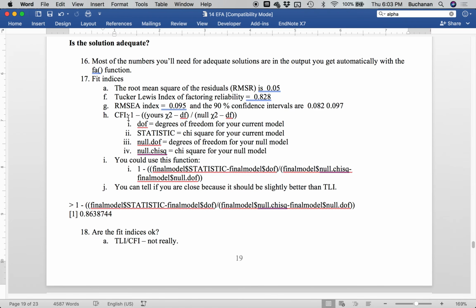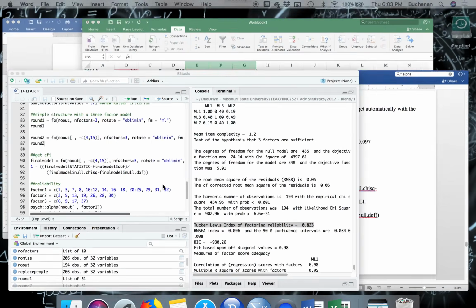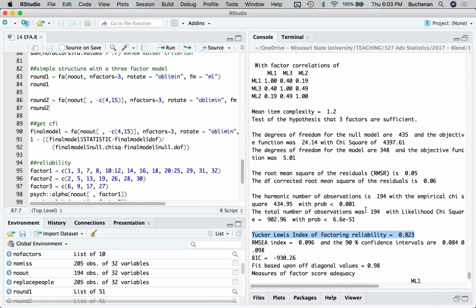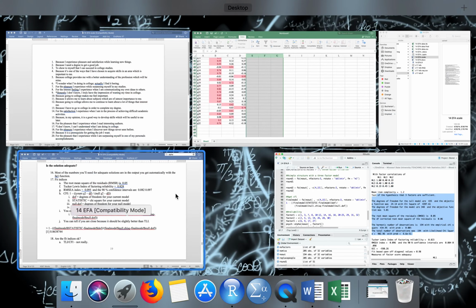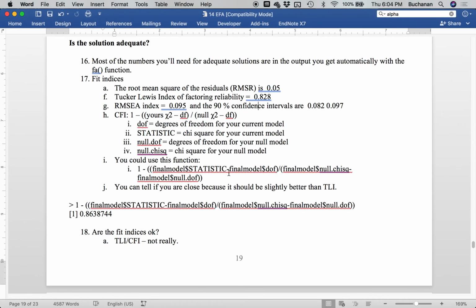Now, those are all hidden away in the background because we saved it. Additionally, they're all kind of reported in here somewhere, but I find it very confusing, so I just wrote a little function to pull those numbers. And be sure when you're copying this, you keep the open and close parentheses in the right place, or it will do the wrong thing. Okay. You can tell if you're close, it will always be just slightly above TLI.